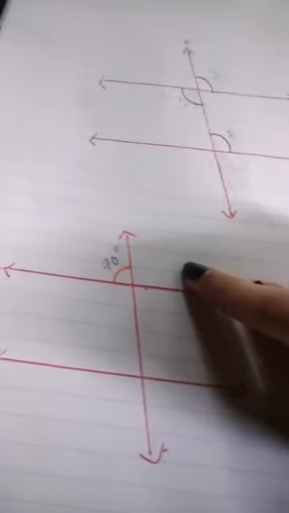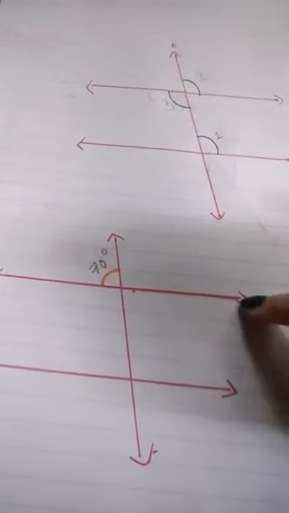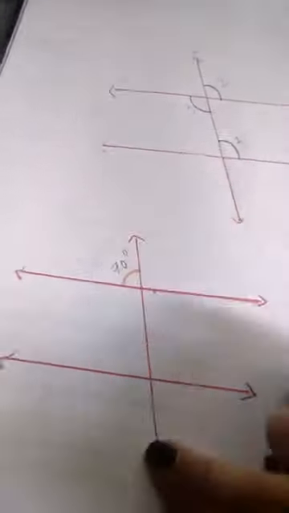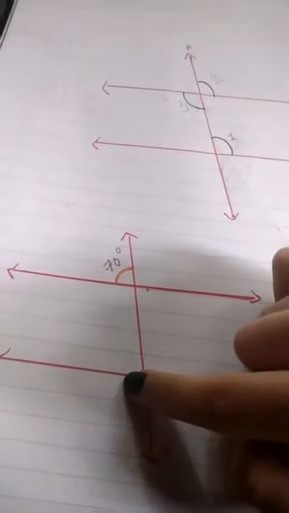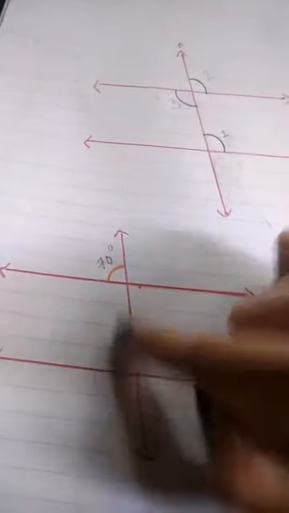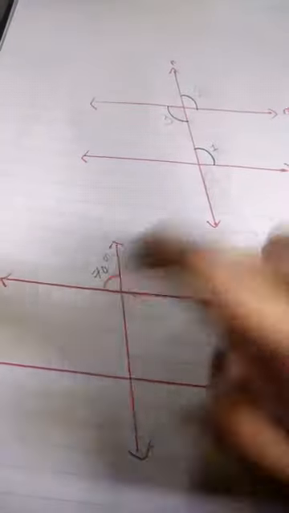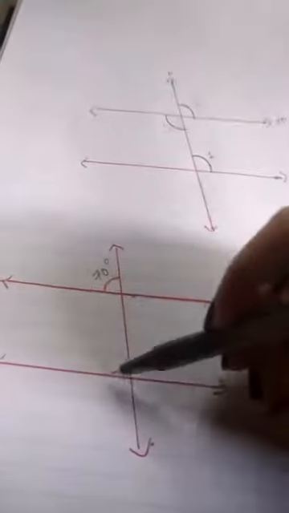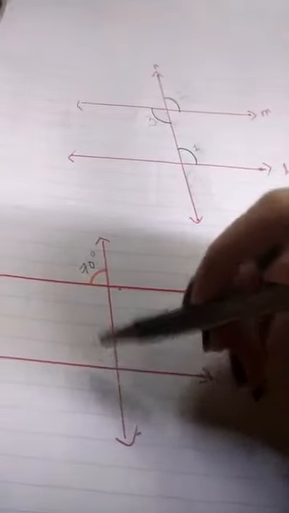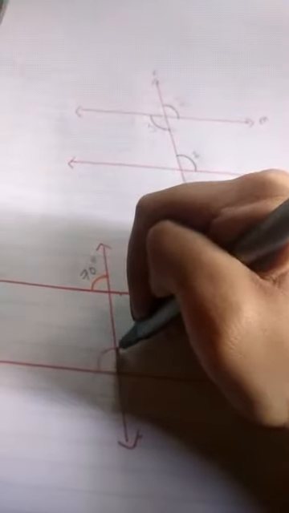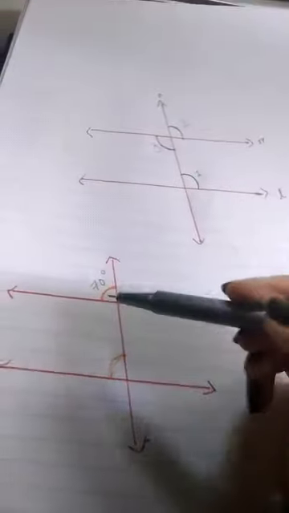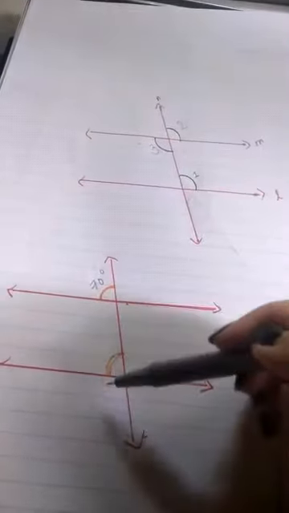You're going to be able to do it really easily, because you know that when there are parallel lines and a transversal, the corresponding angles are equal, and so are the interior alternate angles. So the corresponding angle of this 70 degree angle is right here. You can see how they're both on the same side of the transversal, but one is in and one is out.